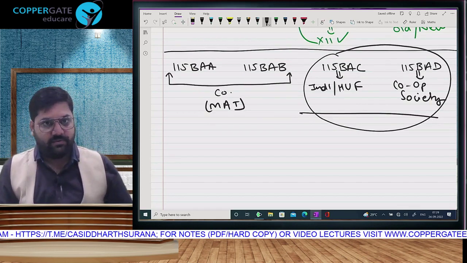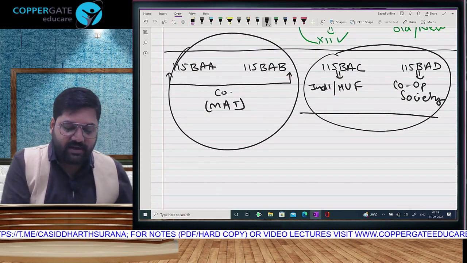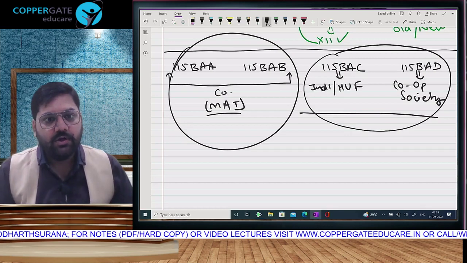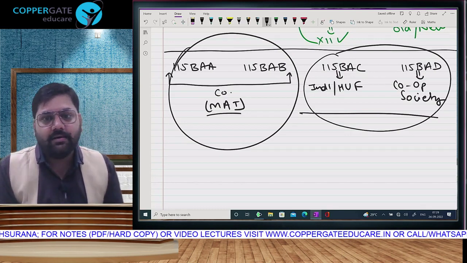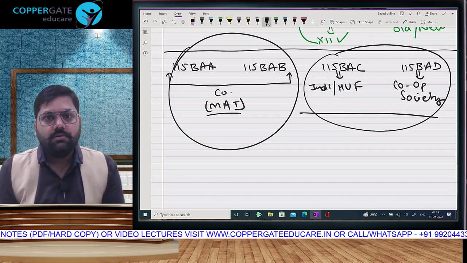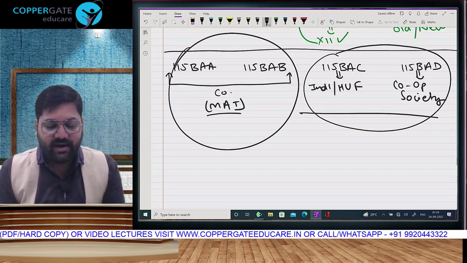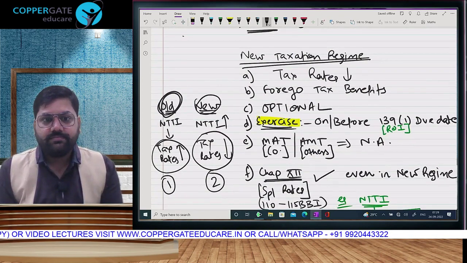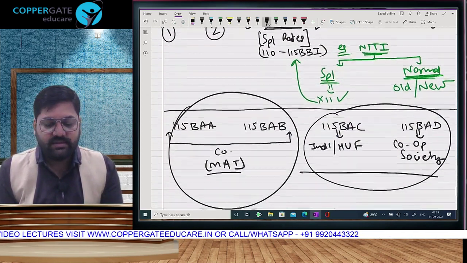I have to finish the new rates. These 2 sections I will cover with you in the MAT chapter, because the old rates also are not yet done. So old and new will be done together. Is that understood? So then, sir, why did you mention them? Because these are common points. Is this understood?